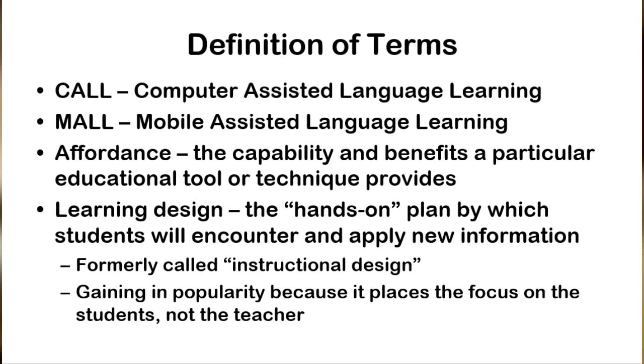Research into affordances is separate from experimental methods in which we test outcomes of, say, participants using a technology and participants in a control group not using the technology and seeing how they compare. In affordance-based research, we talk about the capabilities and benefits that a particular tool or technique provides without having to look at what happens if we don't have these affordances.